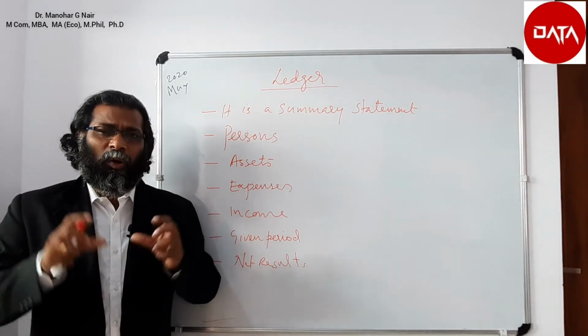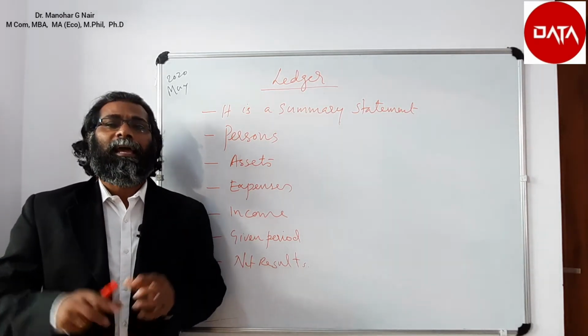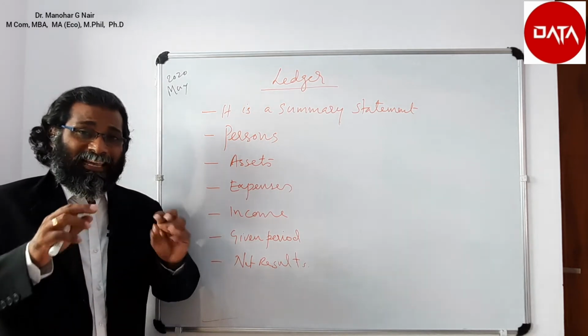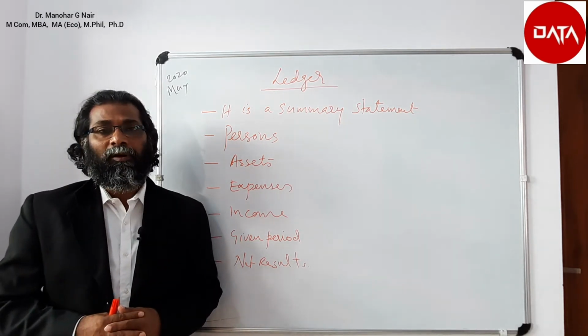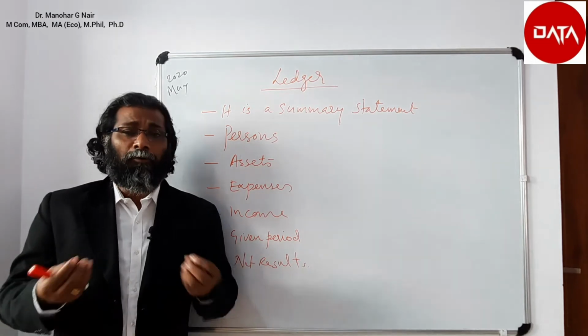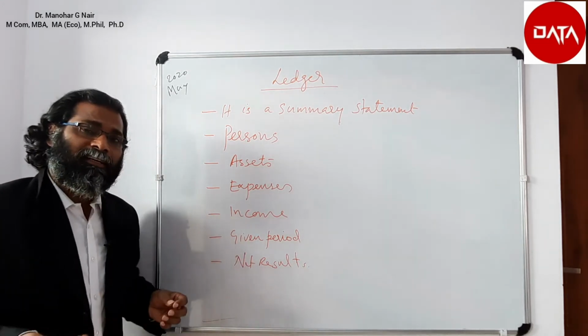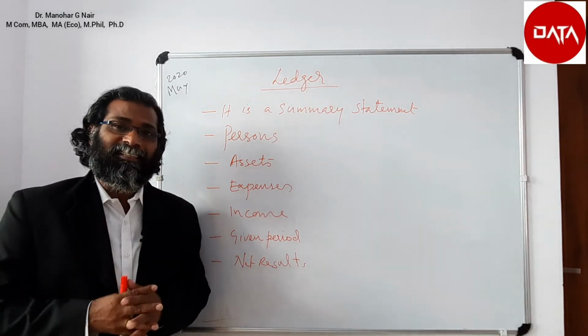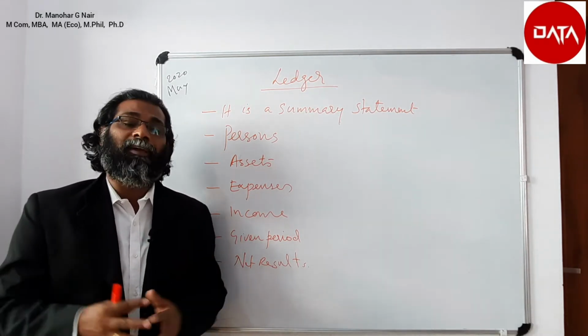Account is the core part of the accounting process, where the transactions are secondly recorded. From the journal or from the subsidiary books, the transactions are transferred into the ledger, and it is considered an authentic document.